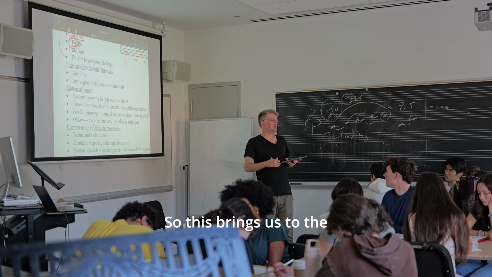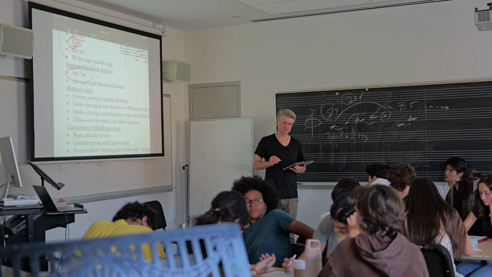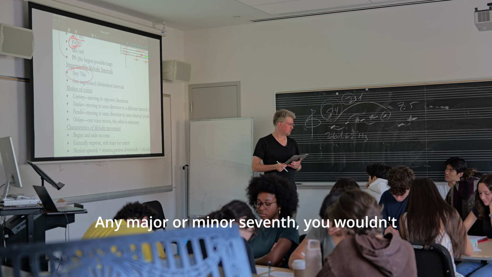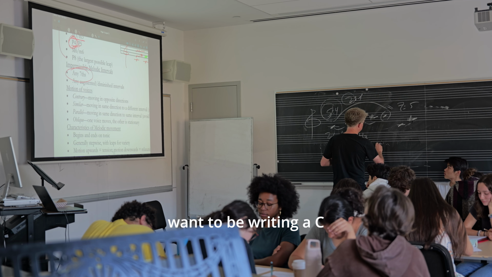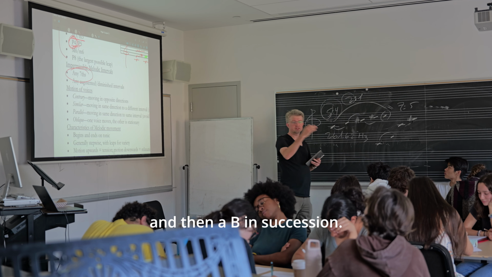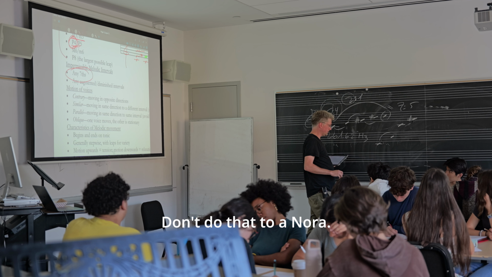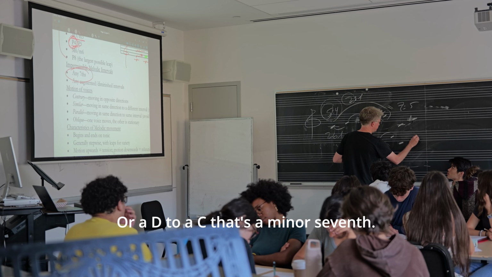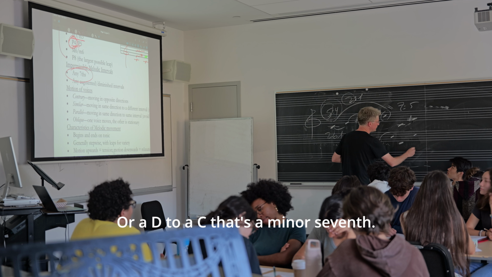So this brings us to the impermissible intervals. Sevenths. Any major or minor seventh, you wouldn't want to be writing a C and then a B in succession. That's considered illegal. Or a D to a C, that's a minor seventh.